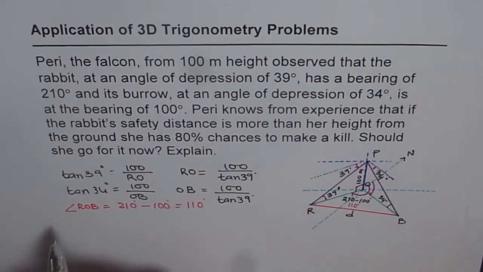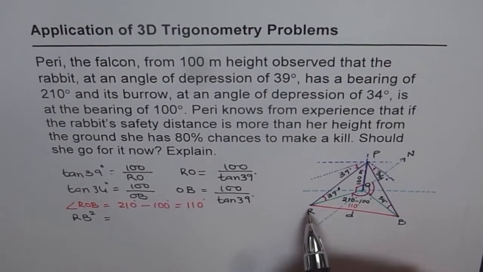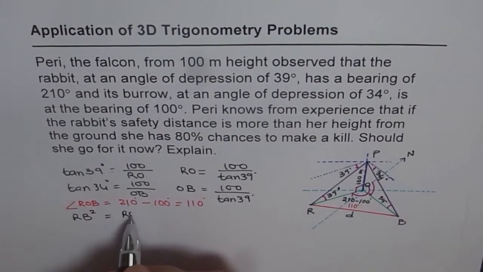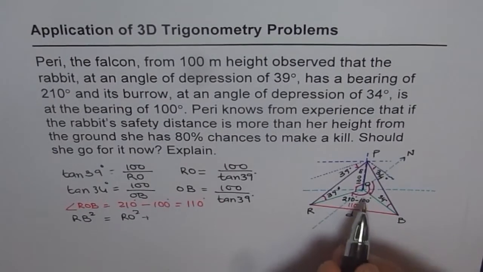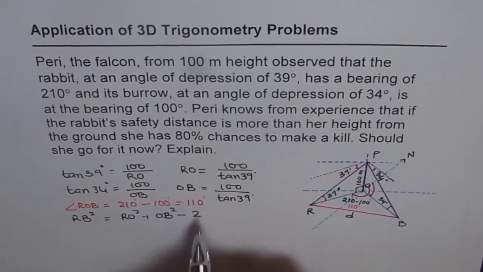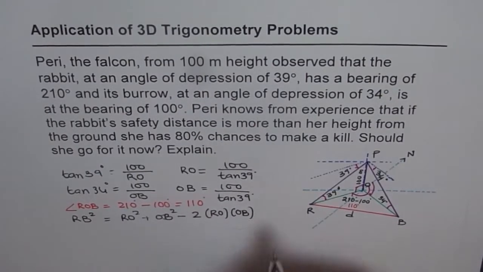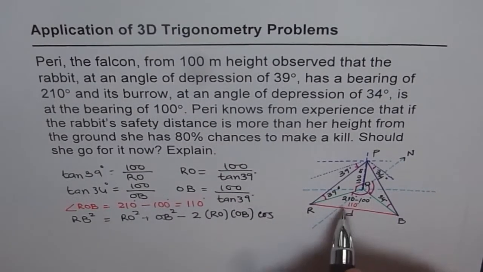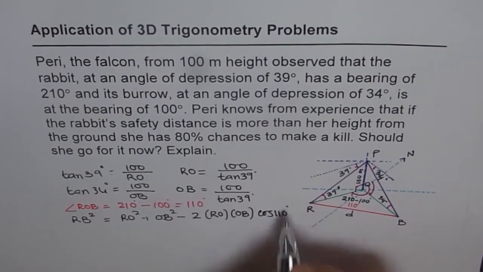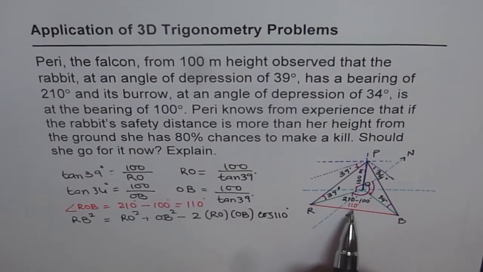So we can write RB square equals RO square plus OB square minus 2 times RO times OB times cosine of 110 degrees. That will give us the square of the distance.